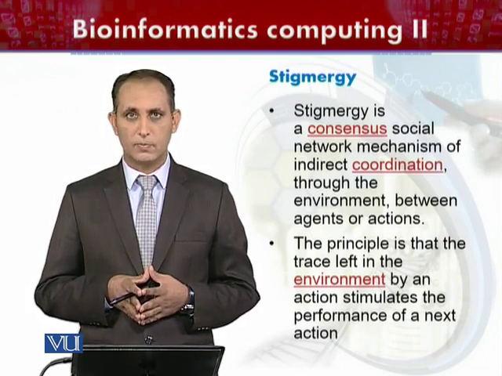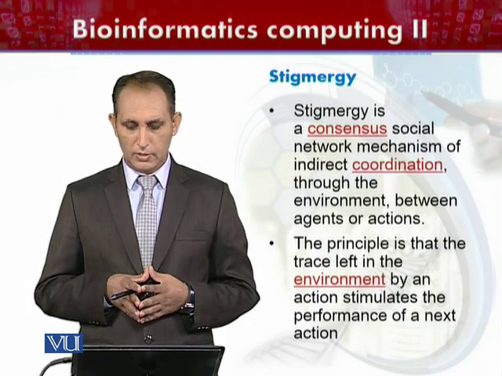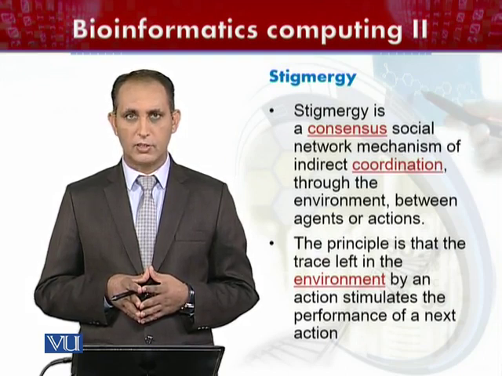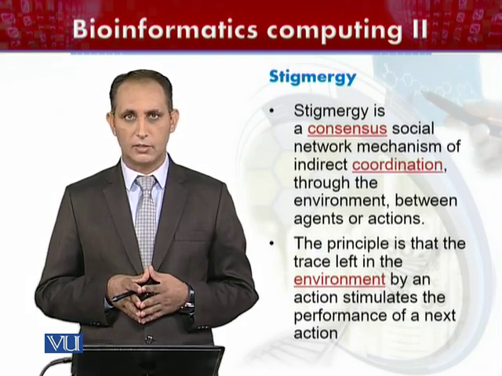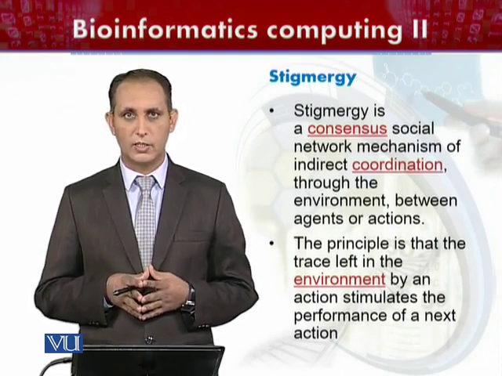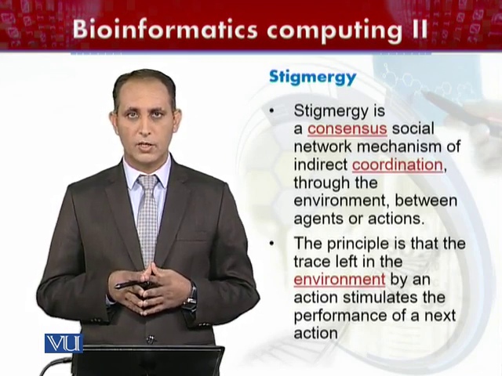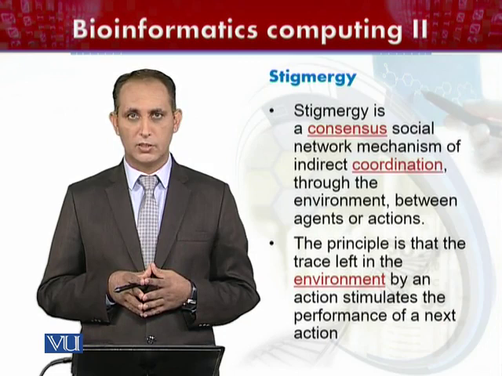The interaction is wholly and solely being done through the environment. In principle, the traces left in the environment are sensed by the organisms, and they respond to those traces which were left by the previous agents, and the coordination is done in this manner.